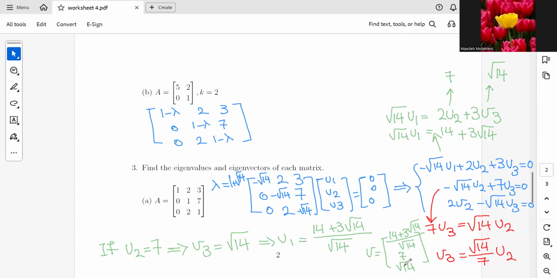Let's say we're going to find it for lambda equals 1 minus square root of 14. So we would change this part and all these parts.